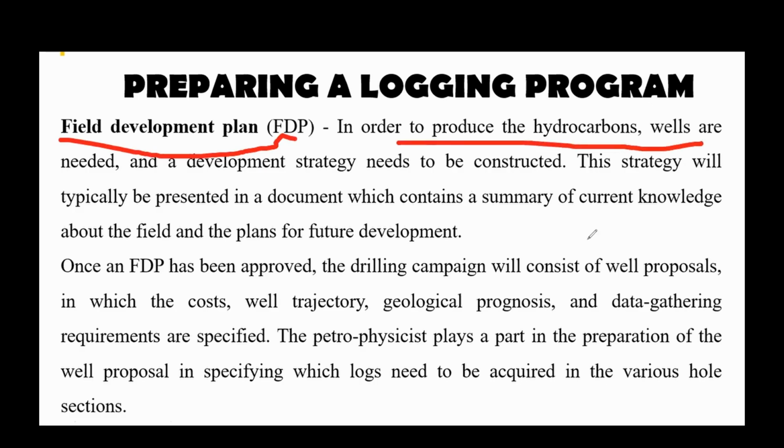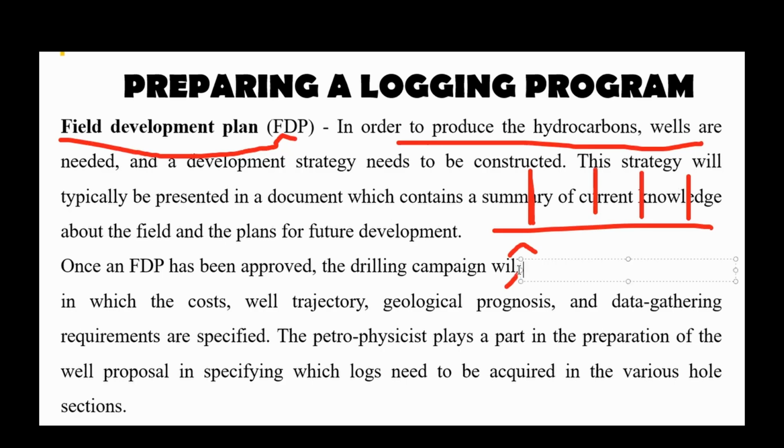Assume that this is A well, an exploratory well, and then a second well, third well, fourth well: A well, B well, C well, D well.